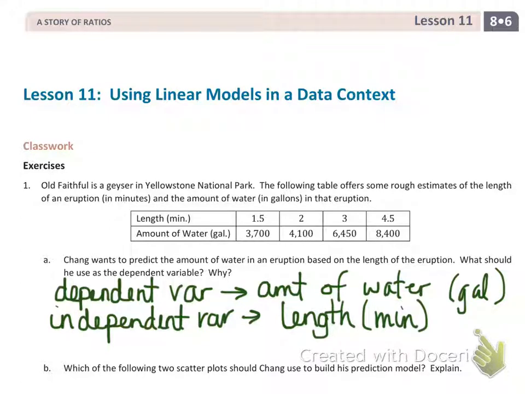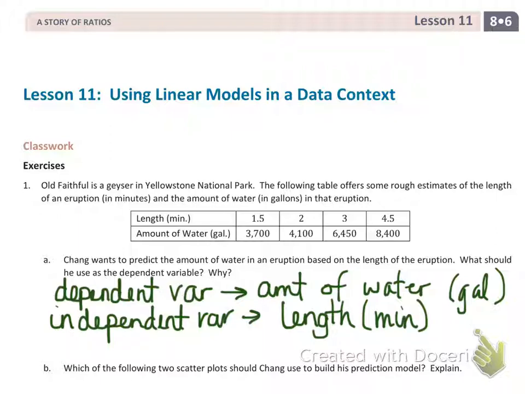So we want to say, if I have an eruption of 2 minutes, how much water am I likely to get out? How much water is likely to come out of the geyser? Okay, so the independent variable is the length of the eruption in minutes, and the dependent is the amount of water in gallons.